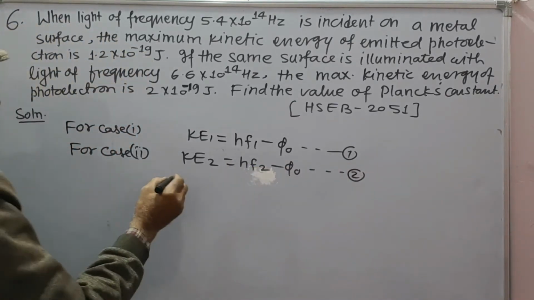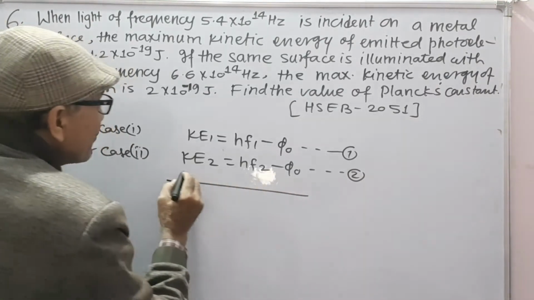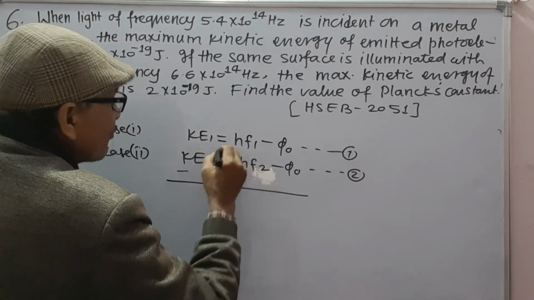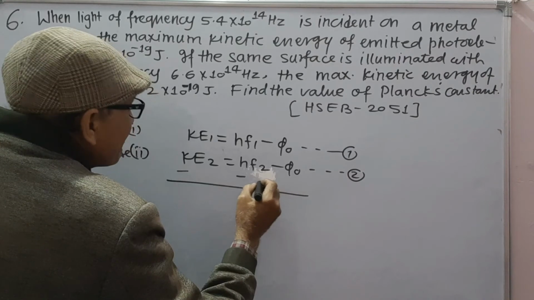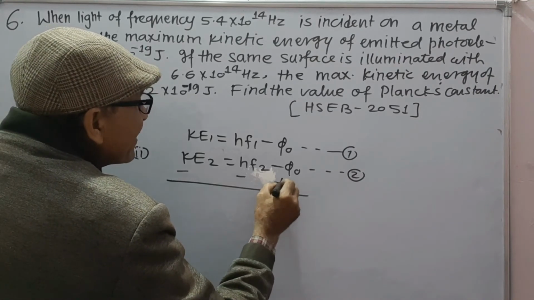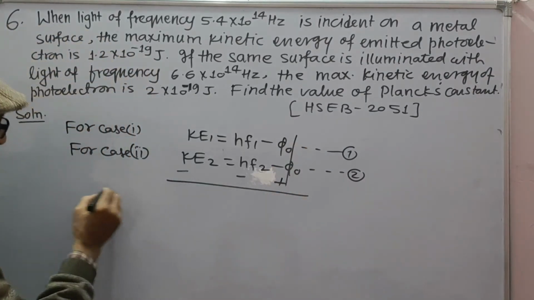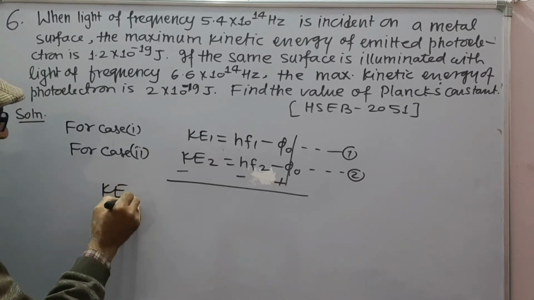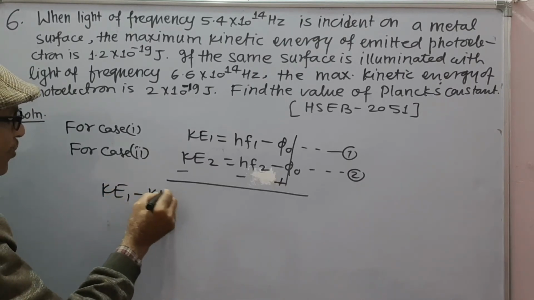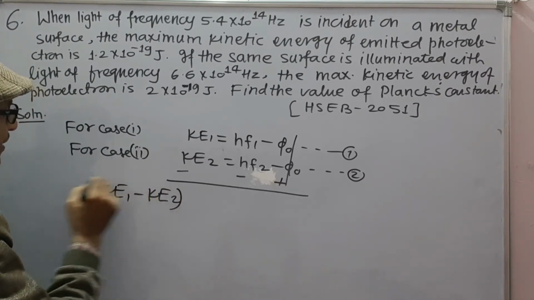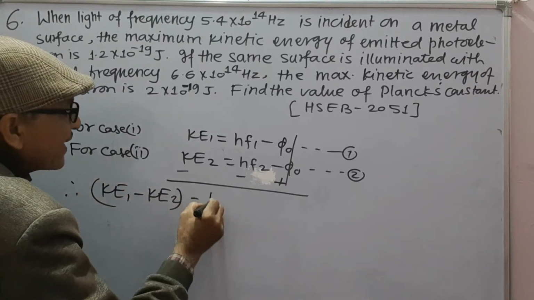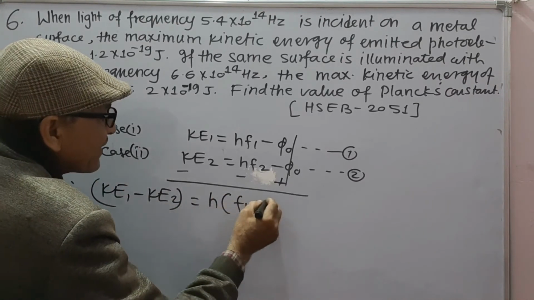So if we subtract equation 2 from equation 1, we get Ke1 minus Ke2 will be equal to h taken common, f1 minus f2.